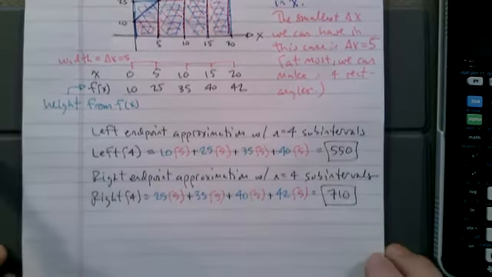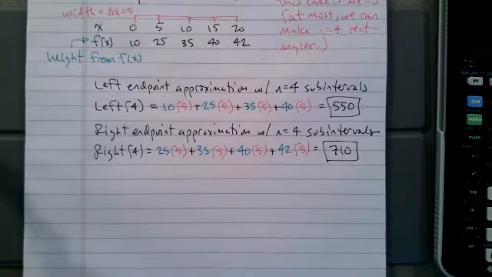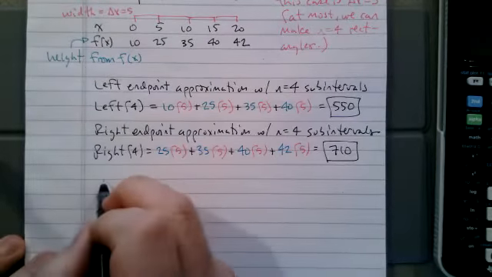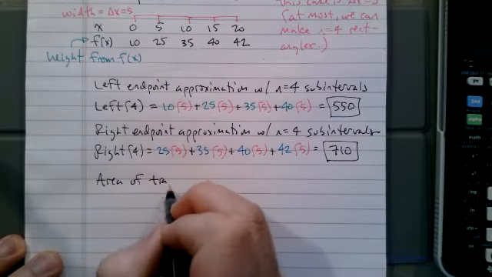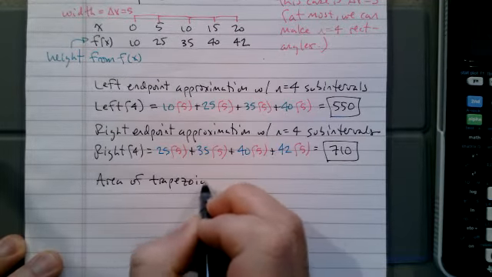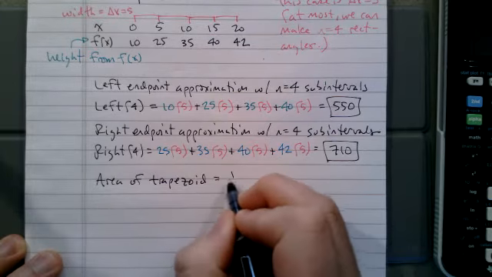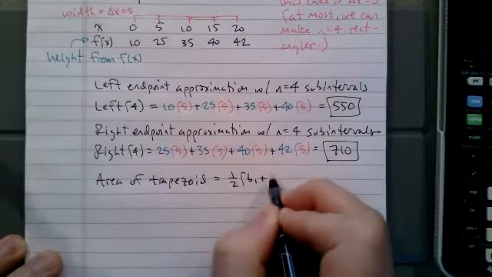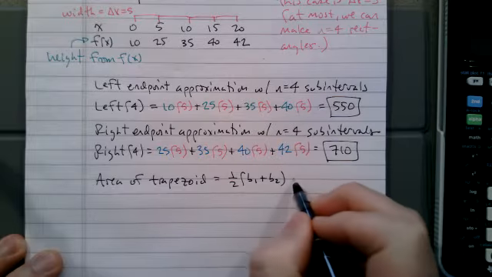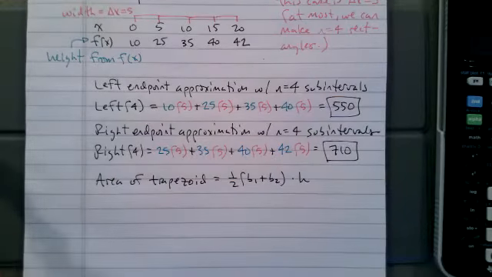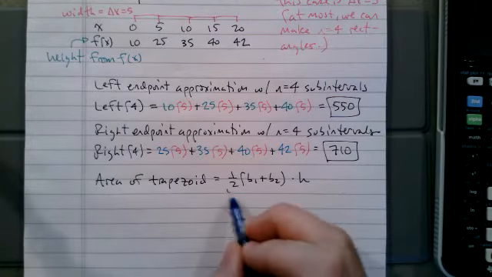And the area of a trapezoid is 1/2 base 1 plus base 2. It's the average of the two bases multiplied by the height. So that's why it makes sense to just average these two, because we're still trying to find area, and we're just finding the area of a trapezoid.